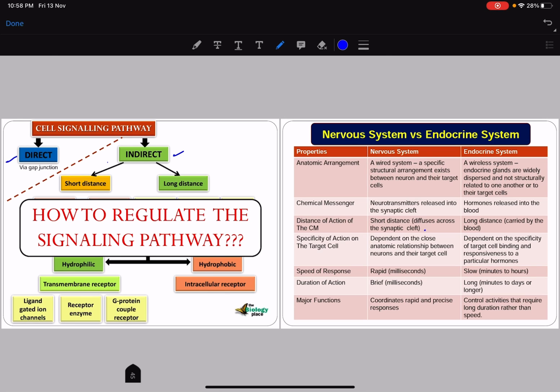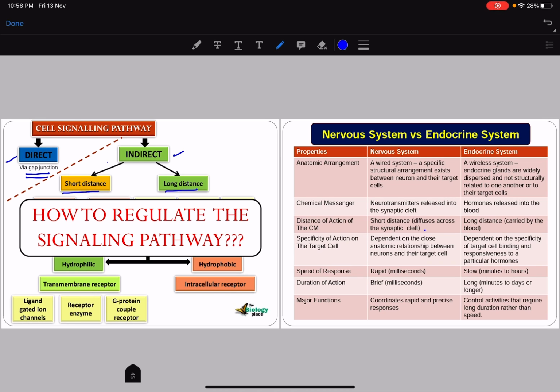Okay, an example here, gap junction. From this example, there are two cells sitting next to each other, so the communication between these two cells is direct. Under indirect cell signaling pathway, there are two, short distance and long distance.